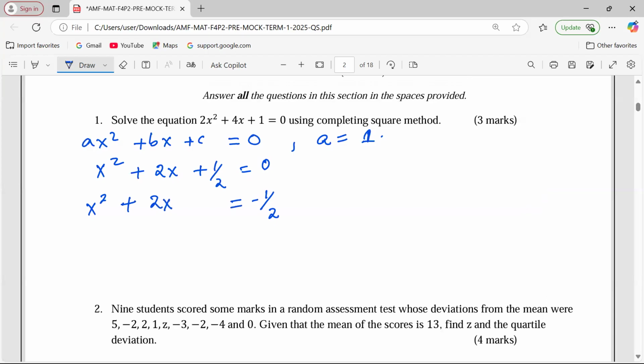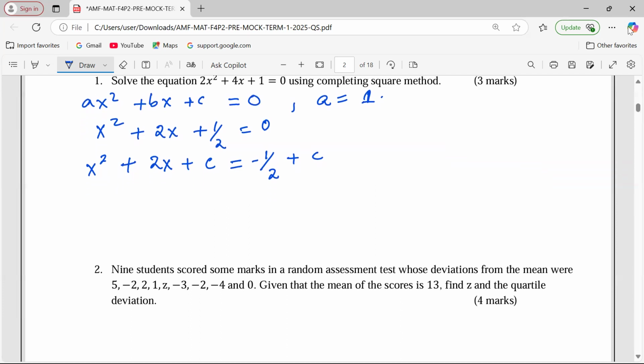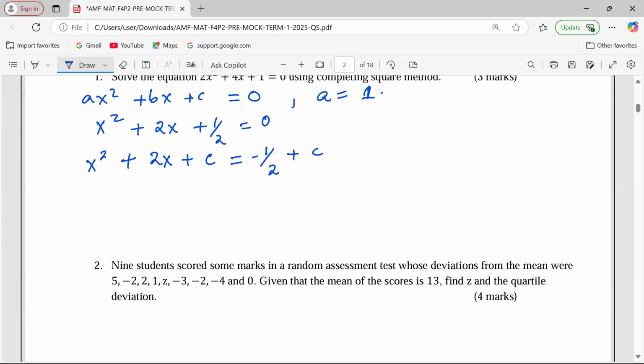All right, now we are going to add a constant on both sides. This constant is added to ensure that the left-hand side is a perfect square. A perfect square is a quadratic expression whereby the terms a, b, and c are related in a way that when we take the value of b and divide by 2, then square this, we get the value of c.